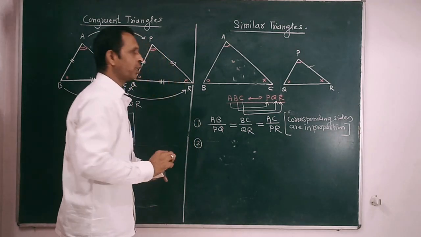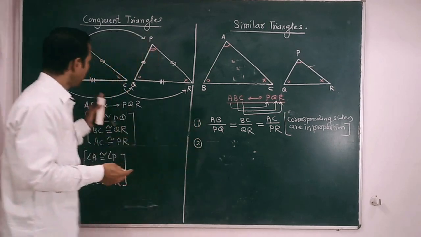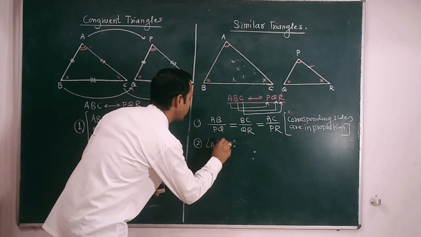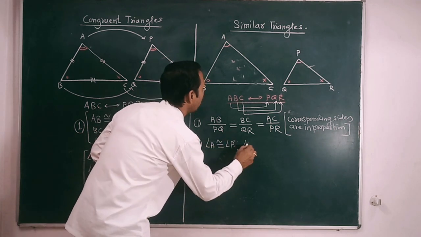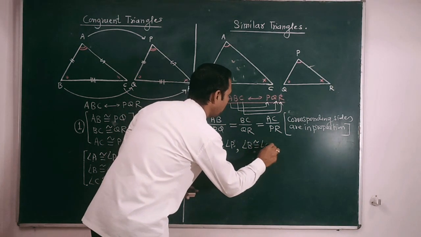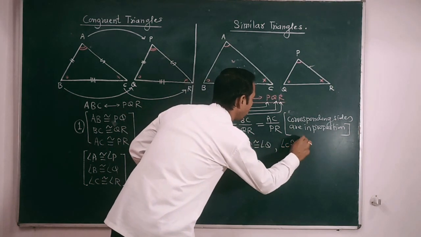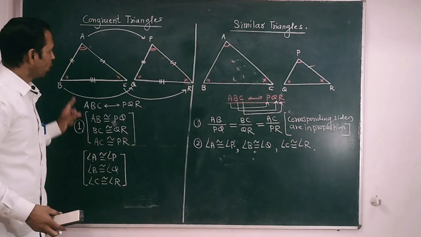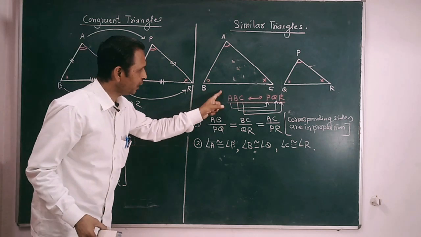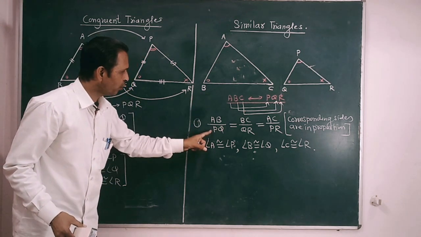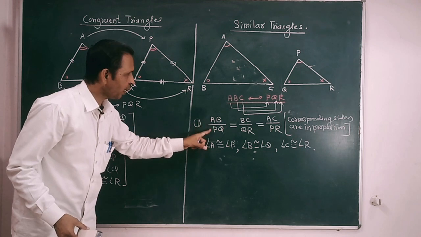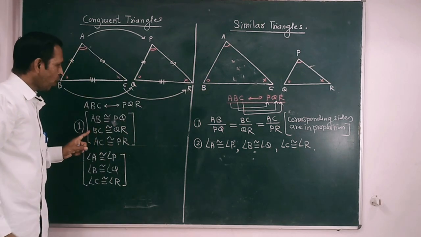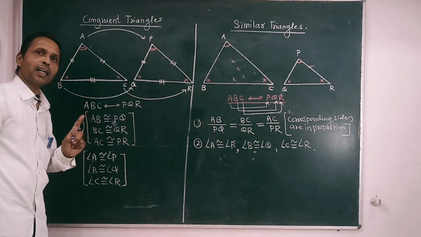Second, corresponding angles are congruent, just like in the congruence of triangles. Angle A is congruent with angle P, angle B is congruent with angle Q, and angle C is congruent with angle R. So if you compare congruence of triangles and similarity of triangles, we conclude that in similar triangles the corresponding sides are in proportion, whereas in congruent triangles the corresponding sides are congruent.